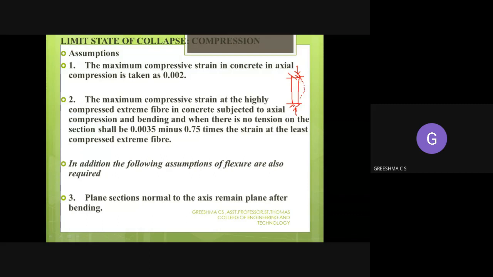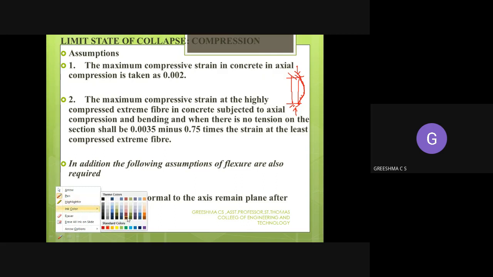This is the deflected shape, or you can say the buckled shape, of the column. So the maximum compressive strain in concrete during the axial compression. Right now we can say that the compression occurring is an axial compression.